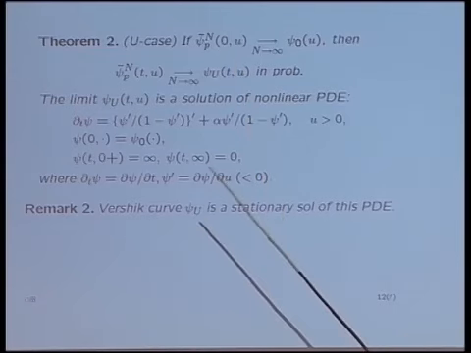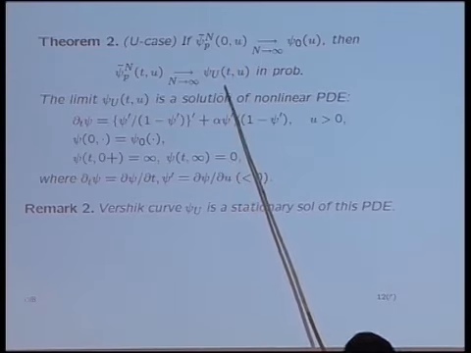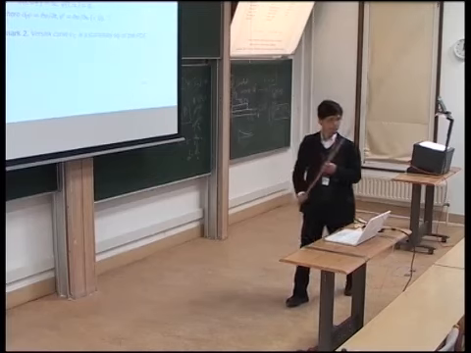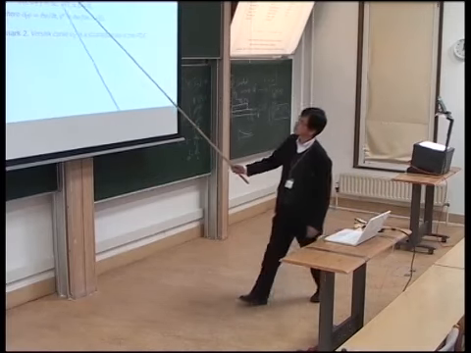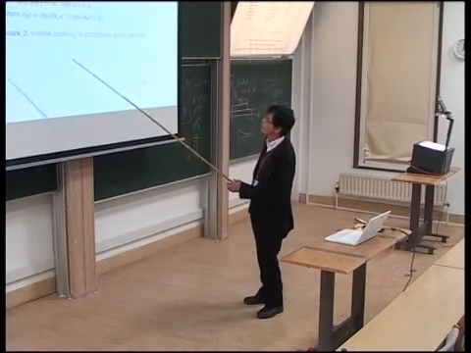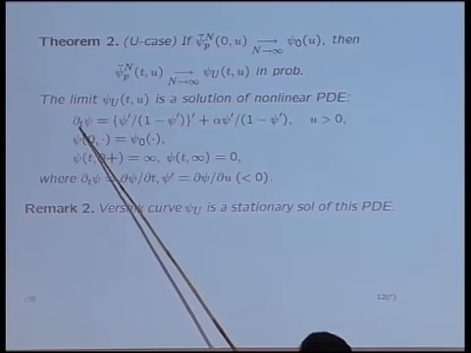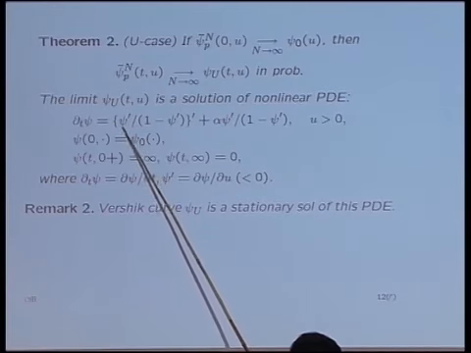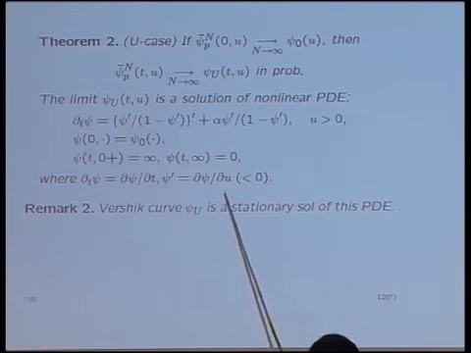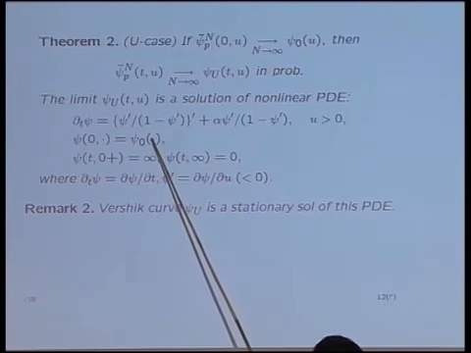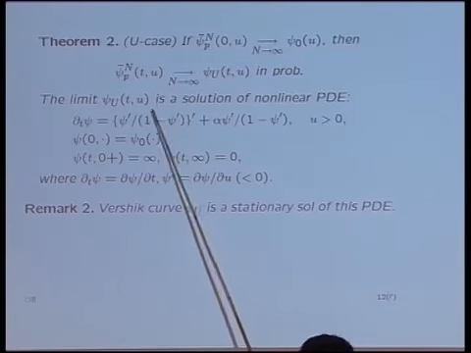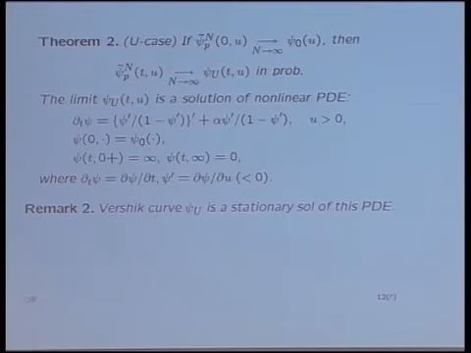The time evolution of the limit curve is governed by this nonlinear PDE. This is slightly complicated, but the time derivative of this curve is given by this, where psi prime is the derivative in the u space variable. So this is a second order parabolic PDE.